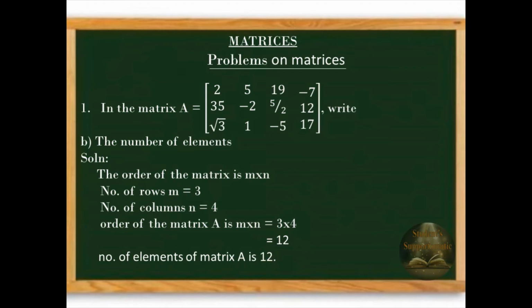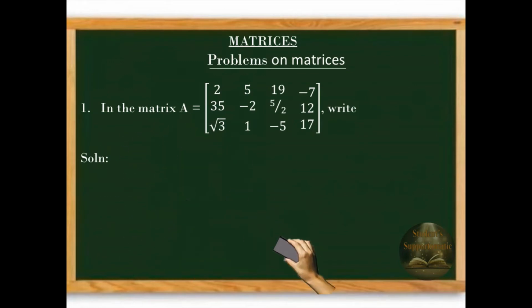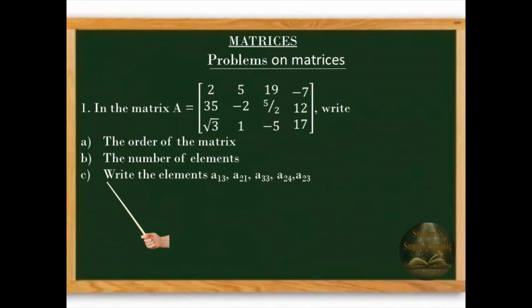Now we'll go for the third part of the problem, that is, write the elements A13, A21, A33, A24 and A23. Here we have to write the element in the given position. A13 means we have to write the element in the first row and third column.